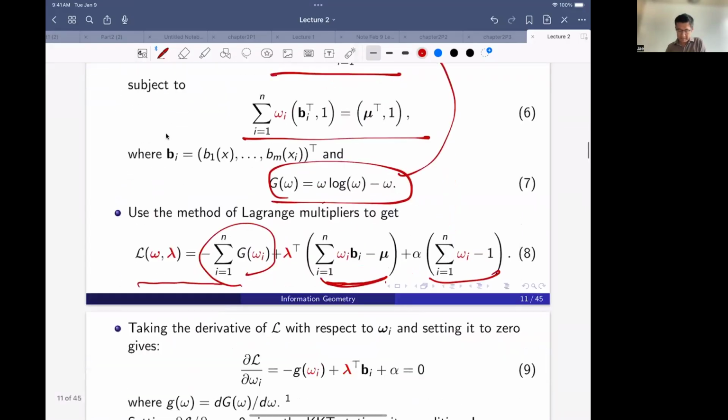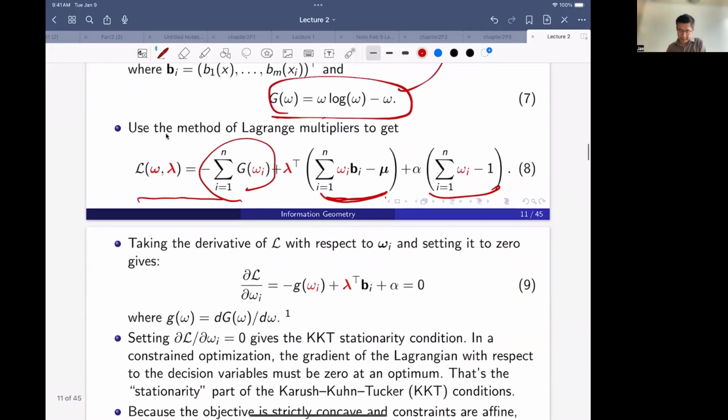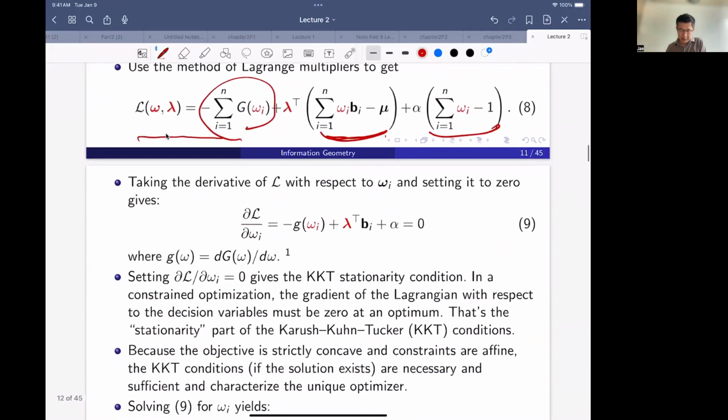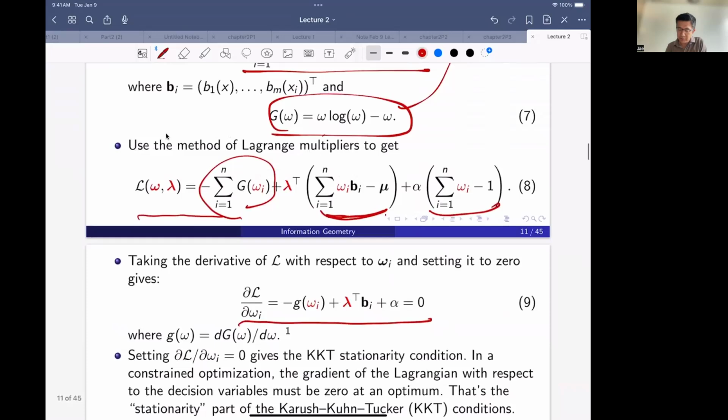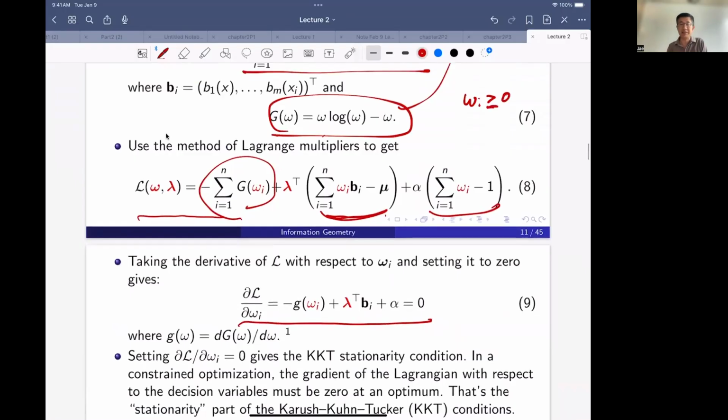Okay. And then taking the derivative of L with respect to omega and setting it to 0 will give something like this, right? And there's actually an additional constraint, like how we want to make sure that omega i is positive, or at least not negative.